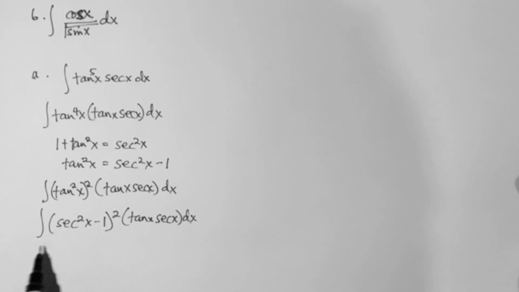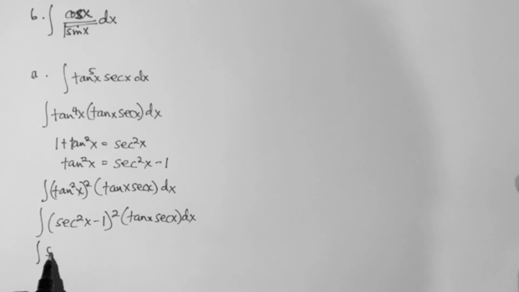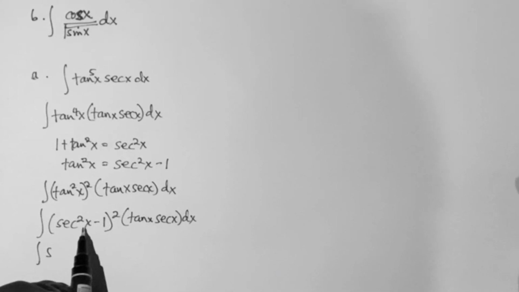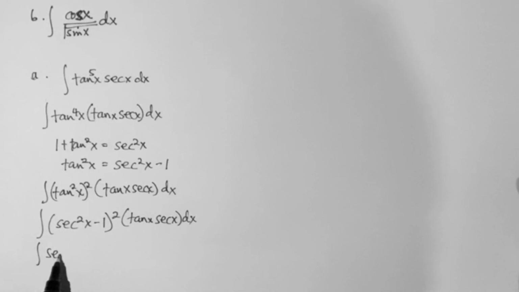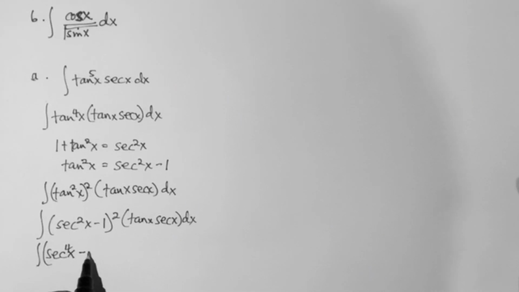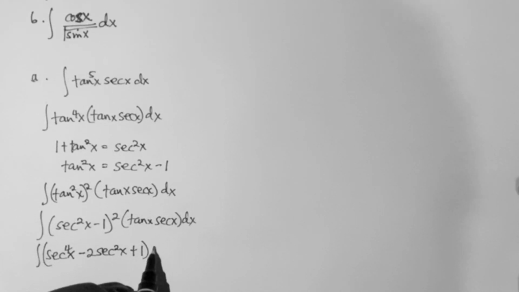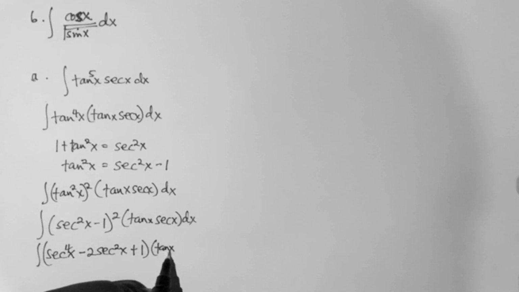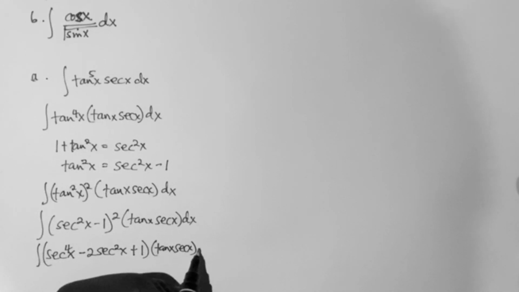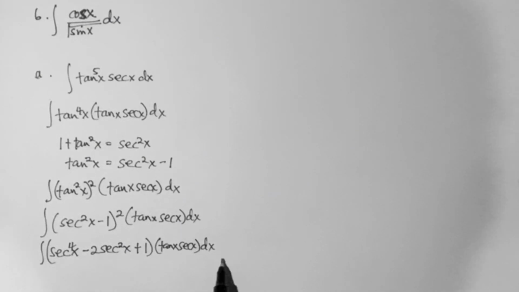Now let's expand this. This becomes integral of sec squared x all squared is sec exponent 4. So here sec x exponent 4, then minus 2 sec squared x, then plus 1, then times tan x sec x dx. So from here, let us expand all of the integral.